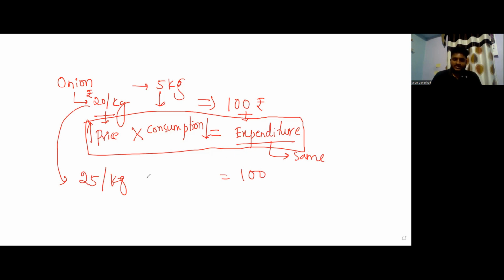So to maintain that same expenditure, now instead of buying 5 kg onion, I have to buy 4 kg onion. So it will be 25 into 4. As soon as the price increased, consumption decreased. Price came from 20 to 25 and consumption decreased from 5 to 4. Getting this?